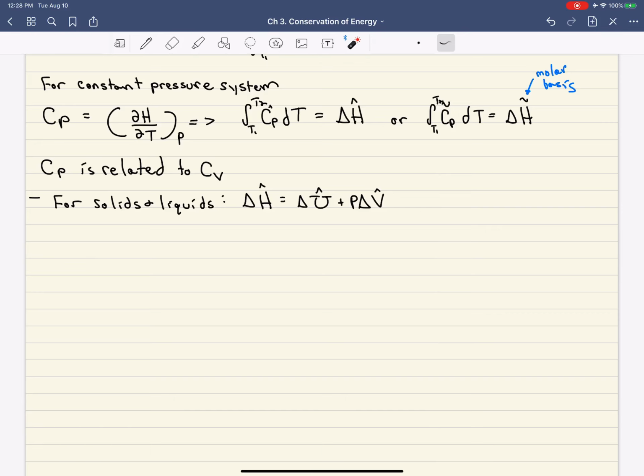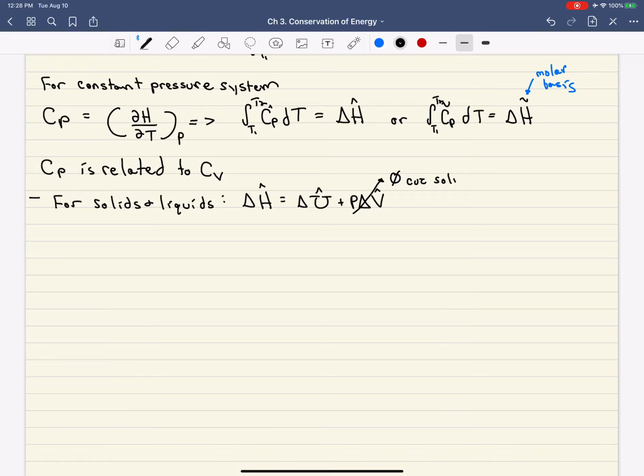And so what we're dealing with is delta H is equal to delta U plus P delta V. Now, if we're dealing with a solid and a liquid, a lot of times we assume that these solids and liquids are incompressible. And so if they're incompressible, that means that they can't change their density and they can't change their specific volume. All right?